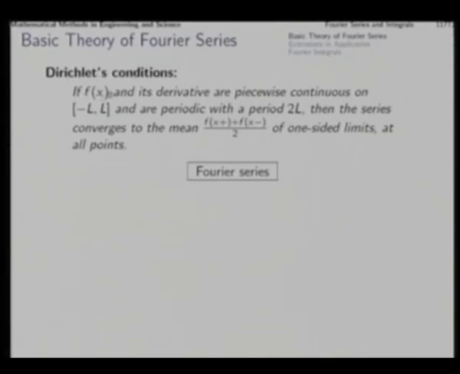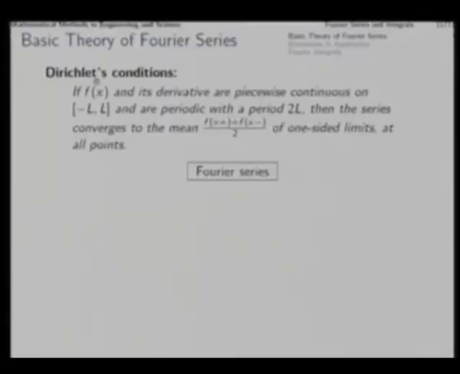If f(x) and its derivative are piecewise continuous on the interval and are periodic with a period of 2L, then the series given earlier converges to the mean of one-sided limits at all points. That means the derivative being piecewise continuous is needed for any Sturm-Liouville problem.